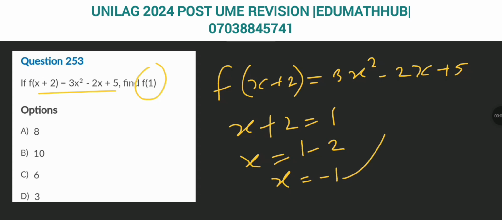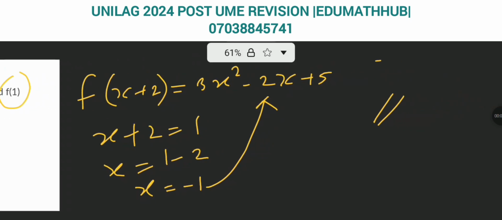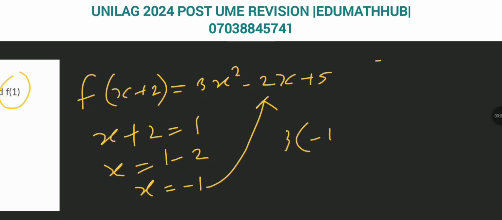Now, since you know what x is, go back and plug it into the expression for f of x plus 2. If you do that, you're going to get 3 into minus 1 squared minus 2 into minus 1 plus 5.